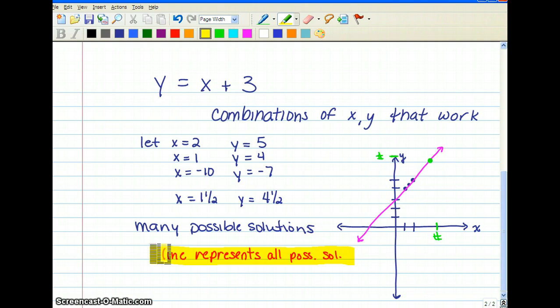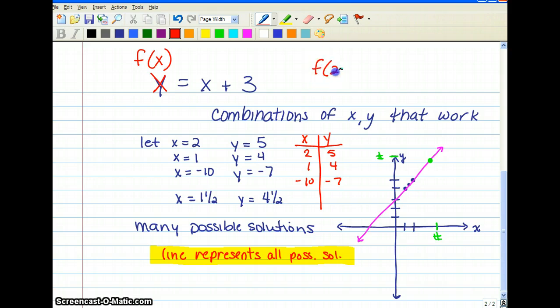Because there's so many, you can't sit here all day and list them, so they want you to use a line to graph them. Now in grade school, we would have used those T-charts, and we would have said, okay, 2, 5, 1, 4, -10, -7. Yesterday, we would have said, okay, let's call this f of x, and if I put 2 in, what comes out? 5.